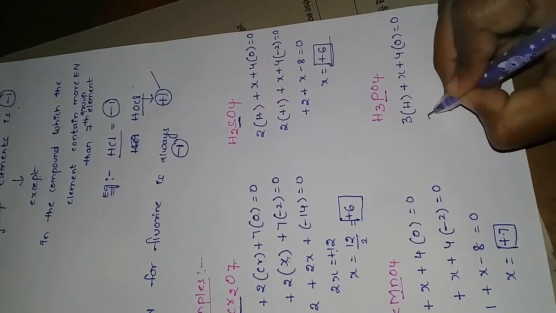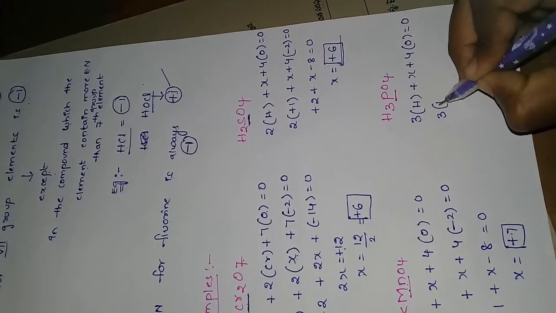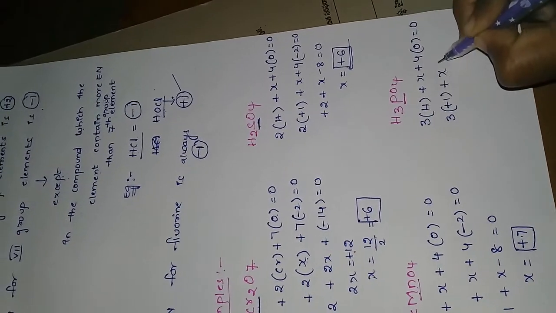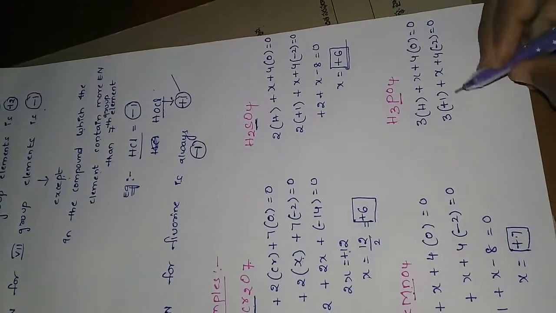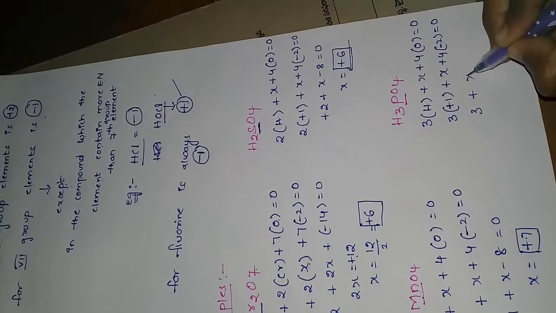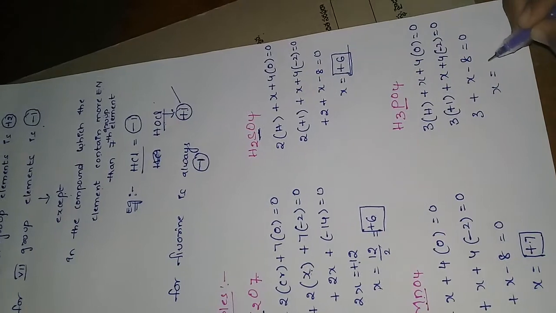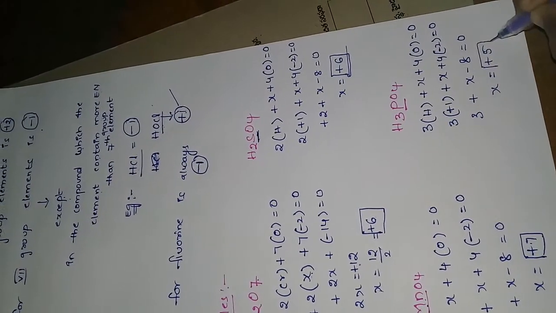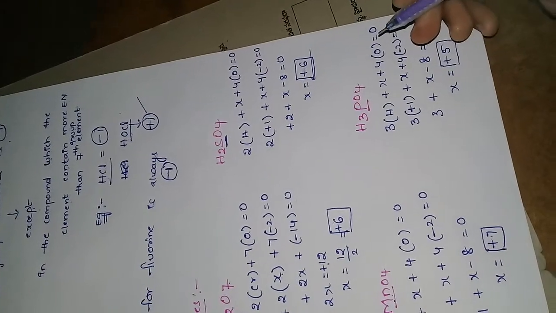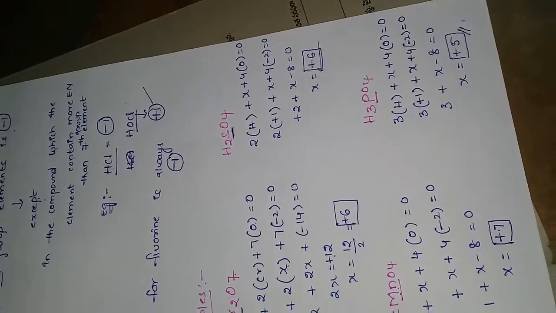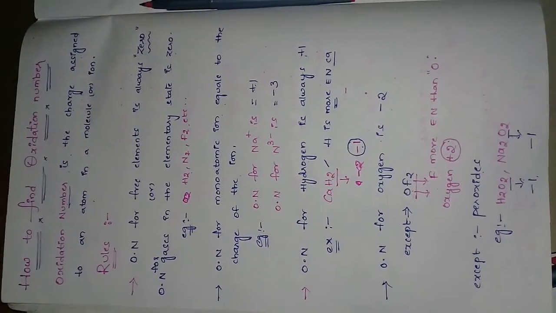Then 3 into hydrogen, which belongs to first group, so +1, plus X plus 4 into oxidation state for oxygen -2 is equal to 0. 3 plus X minus 8 is equal to 0. X is equal to +5. Here in H3PO4 the oxidation state of phosphorus is +5. So we find oxidation state based upon these rules.